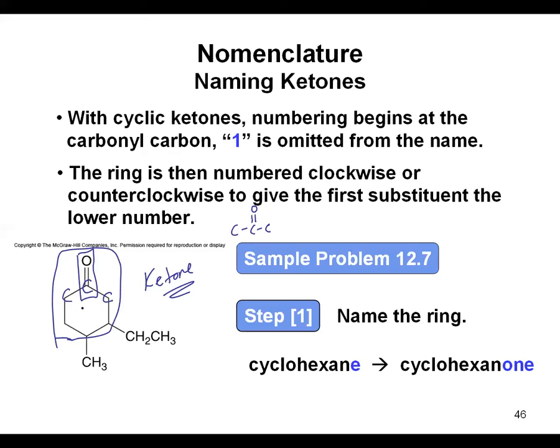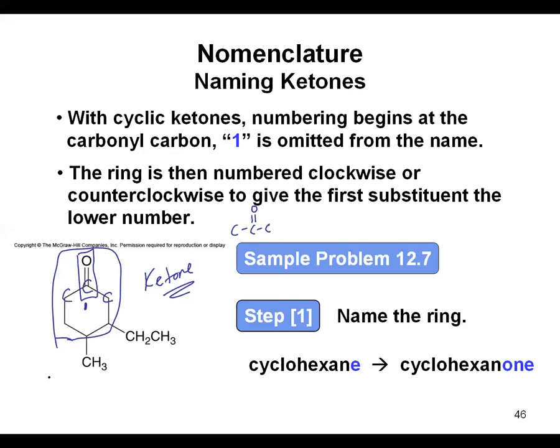It would be based off of cyclohexane because it's 6 carbons in a ring. We drop the E and put ONE. And in a ring structure, although I kind of butchered it here, I'll just put it down here, that carbon-oxygen double bond is always going to be carbon number 1. So we would want to number whichever way gives our other groups the smaller numbers.